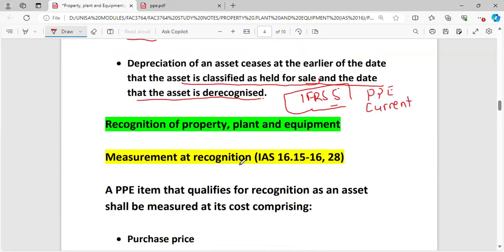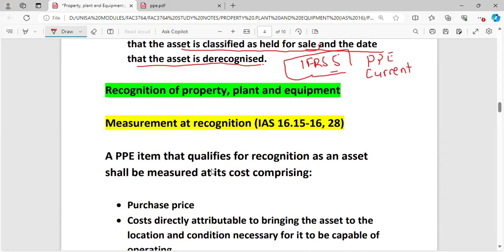Right, so let's look at recognition of property, plant, and equipment. I think we have already talked about this. Measurement and recognition. This is the initial measurement. When we get the PPE asset, how do we measure? So in your question, especially theory questions, they can ask you, how do you recognize a PPE asset at initial measurement?